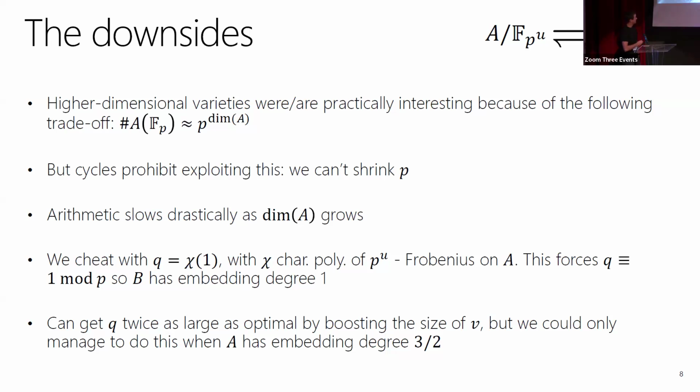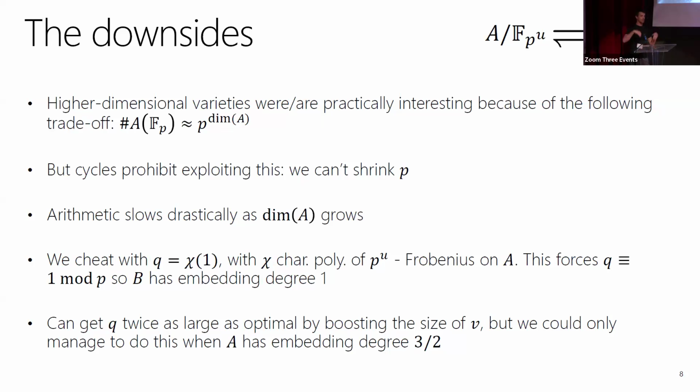But we cheated our way out of that and set Q to be equal to the group order, which forces the variety over F_Q, the B variety in the cycle, to have embedding degree 1.